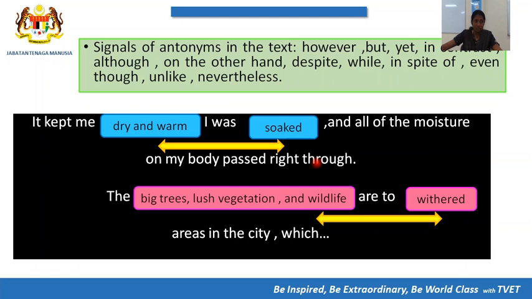If it is dry, obviously it is warm, right? But I was soaked, and all of the moisture on my body passed right through. Obviously it's dry and it was warm. But I was soaked. Soaked, there should be some kind of liquid, water. So can you see the antonyms and the contrast ideas used?